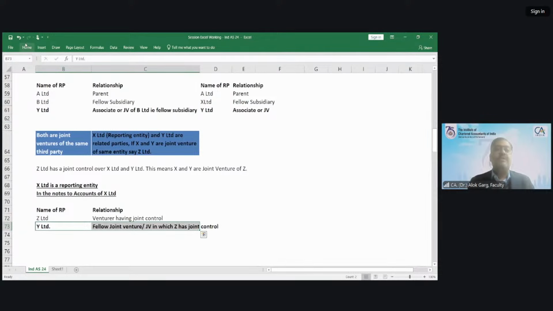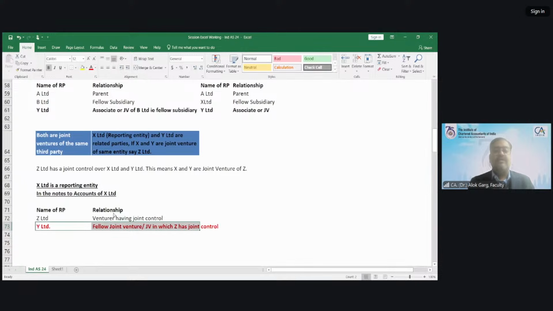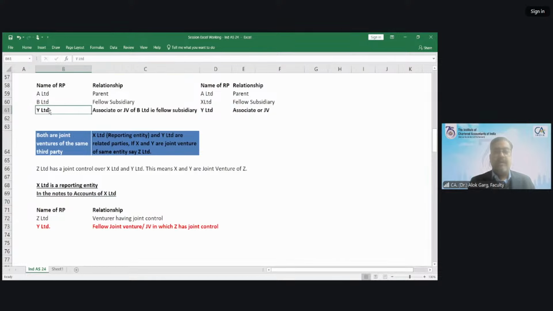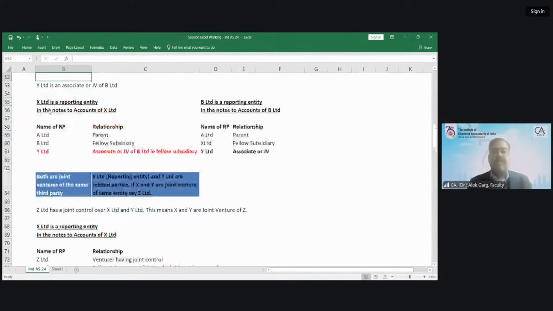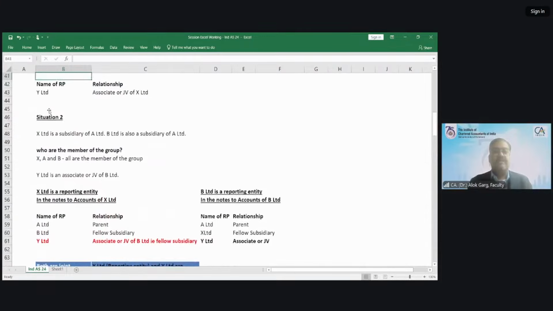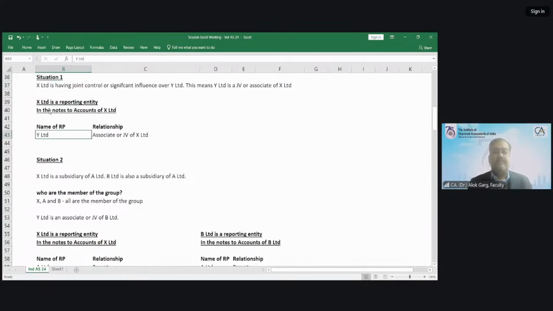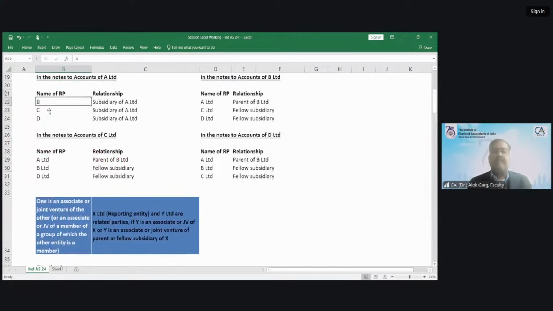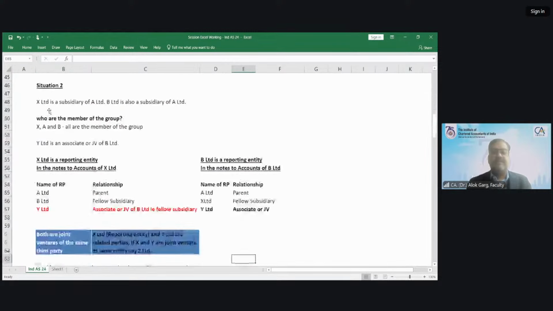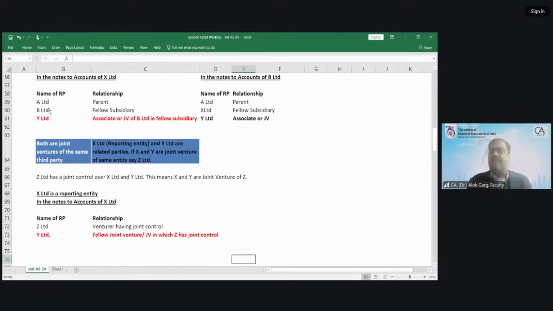Here we are emphasizing this relationship, and here we are emphasizing all the relationships. Very simple. If two or more entities are the JV of a single entity, all these downstream entities will become related parties.